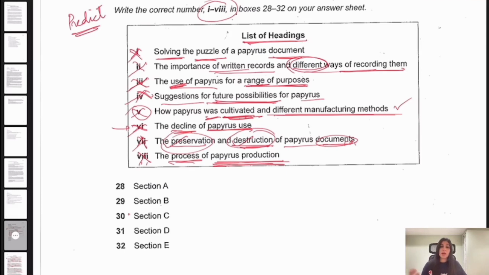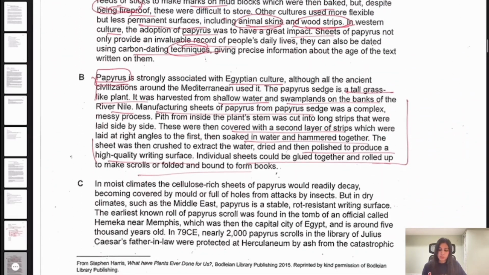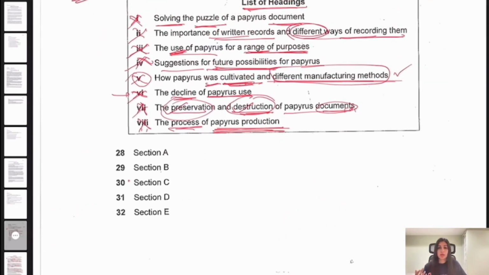So here you have to be mindful, they're not talking about different manufacturing methods. The method is just one. So here it says manufacturing sheets was complex and it was made in this manner. So it is just one process here. They're talking about the production process, production of this particular thing, and not the cultivation of the plant.